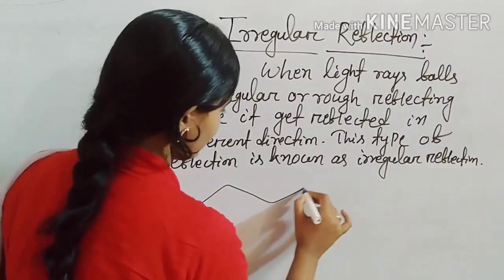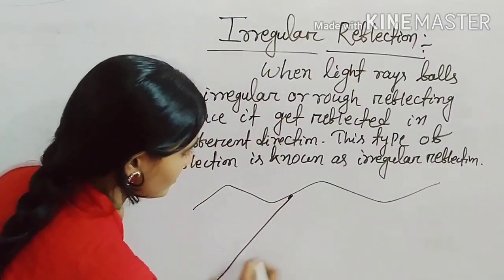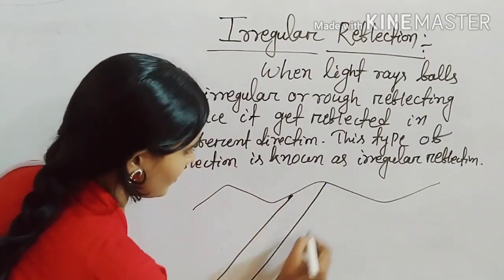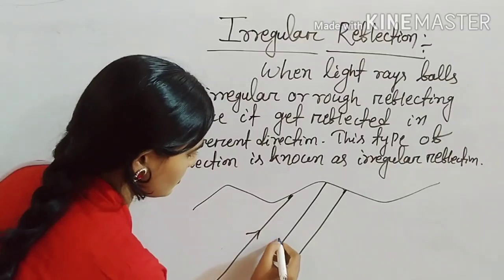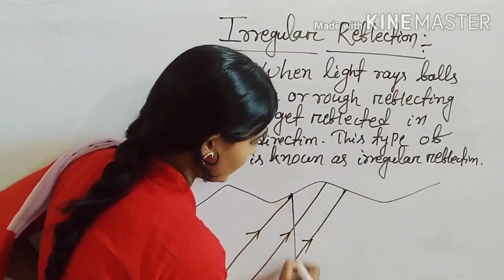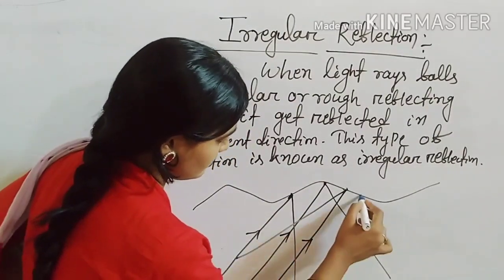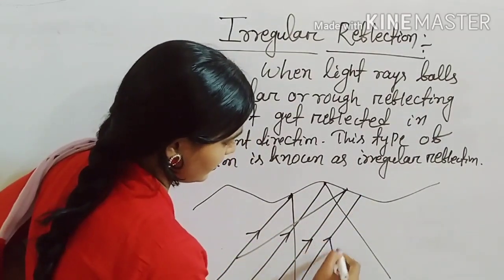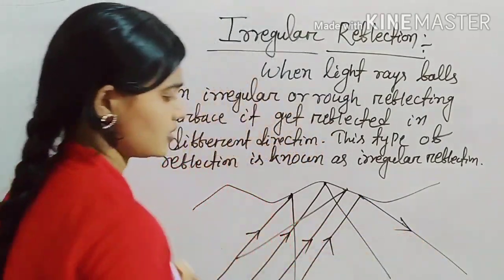So let us see. This is a rock surface. When light rays fall on this surface, they get reflected in different directions.